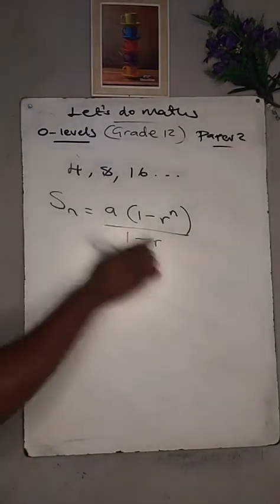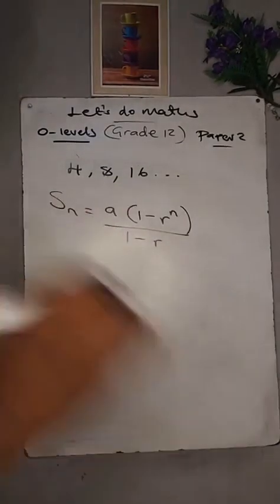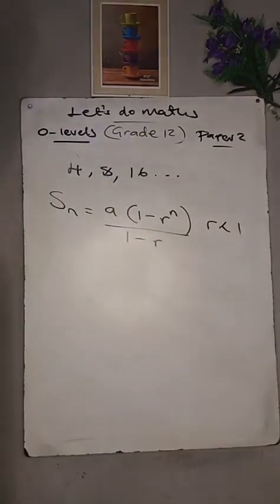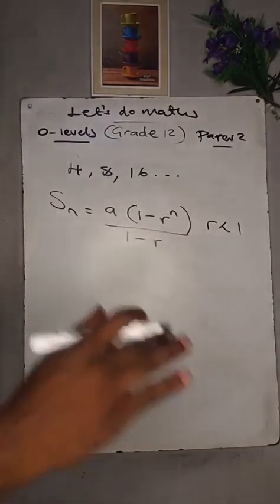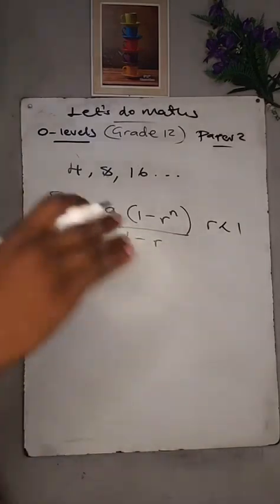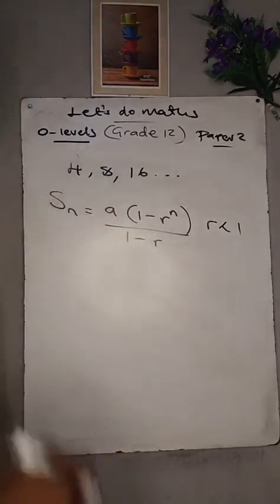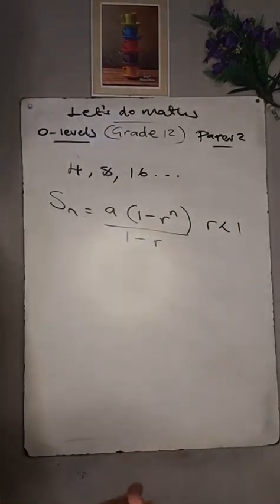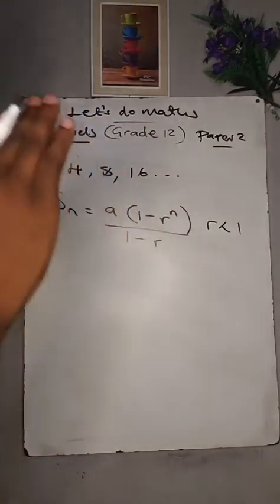This formula is only applicable if our common ratio is less than 1. By less than 1, we are talking about 0 going to the negatives, or any proper fraction.